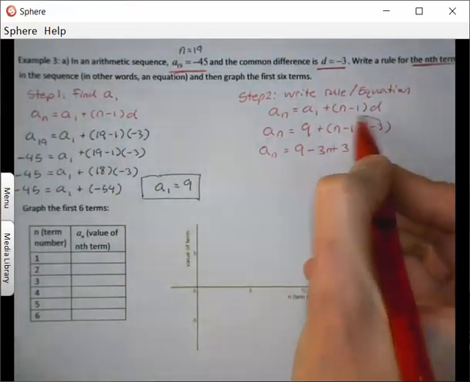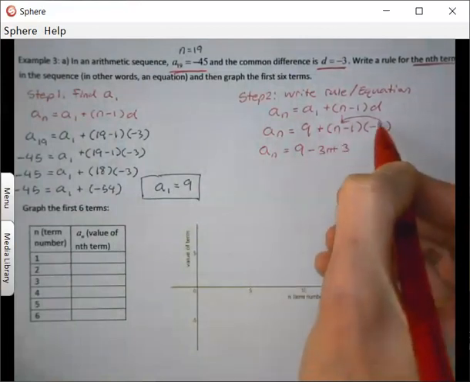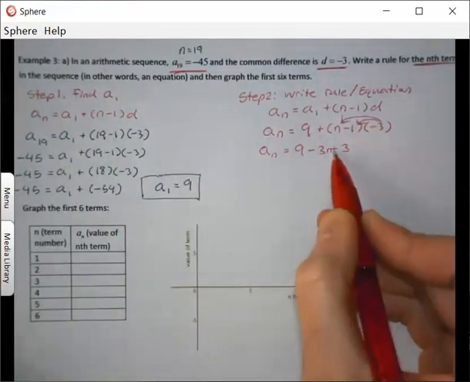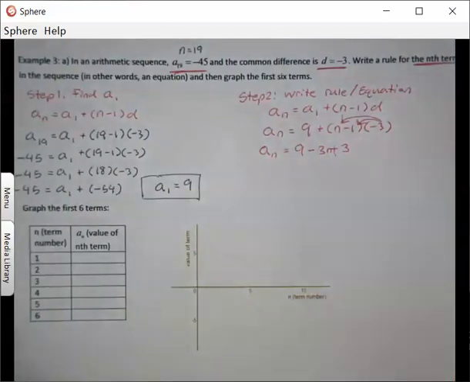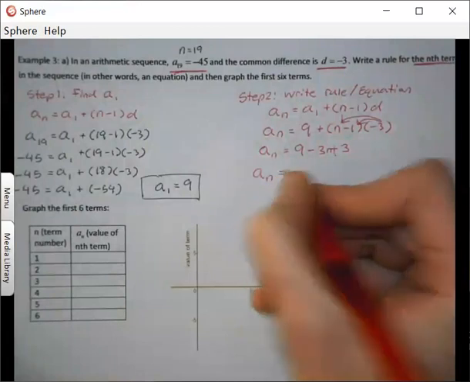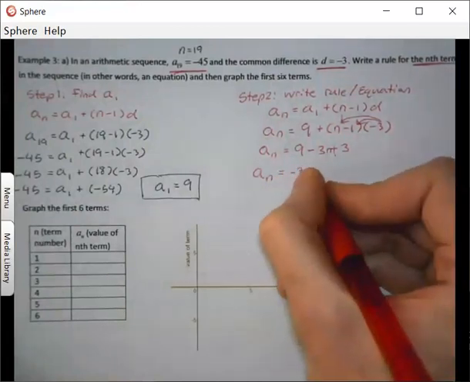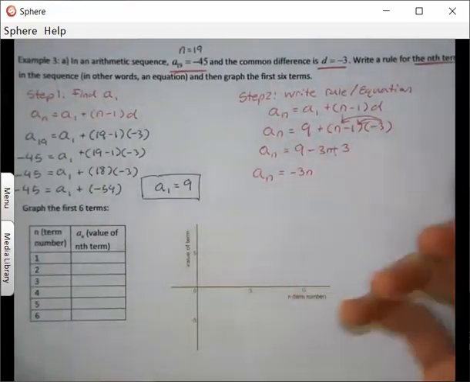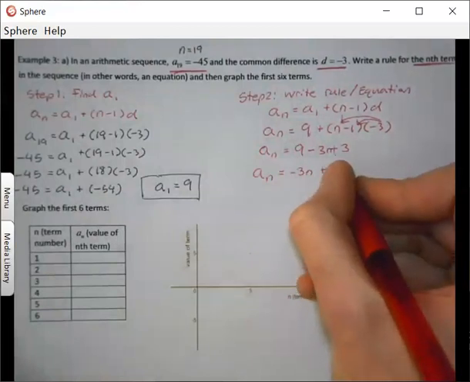So minus 3 times n is minus 3n. Minus 3 times minus 1 is plus 3. Combine like terms. So a sub n is equal to minus 3n plus 12.